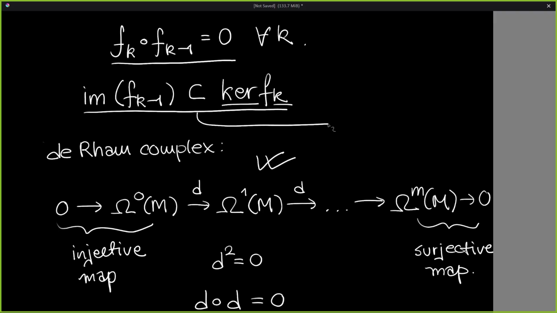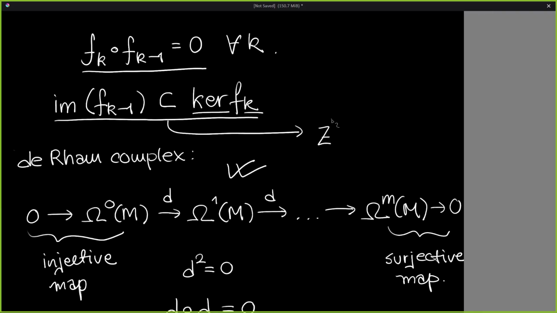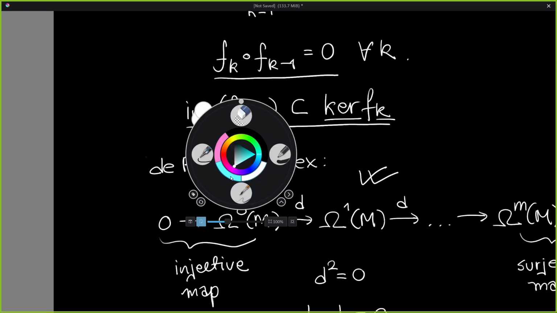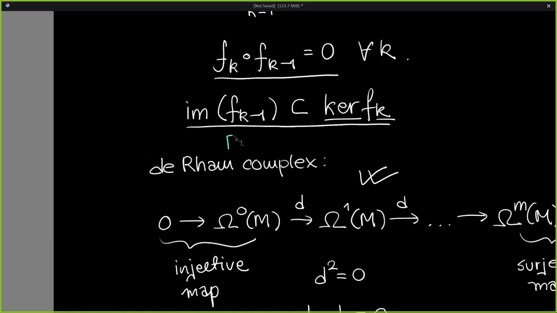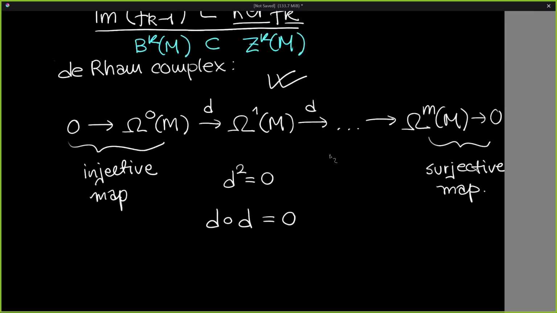Let me put B_k and Z_k right underneath so that it's more apparent what I'm trying to say. B_k of M is a subset of Z_k of M. So this idea of trying to find all of the exact forms that are closed forms is a coherent question because of this chain of maps.